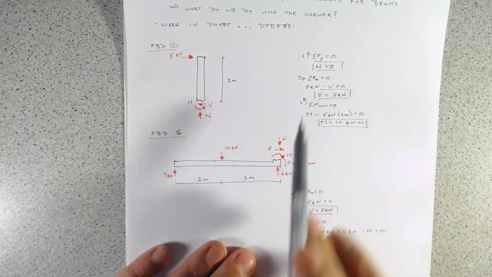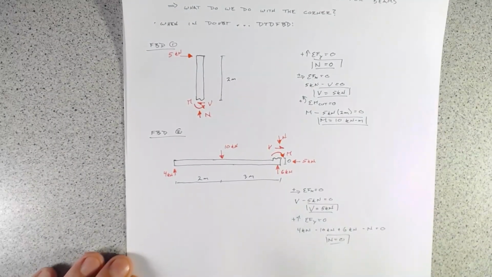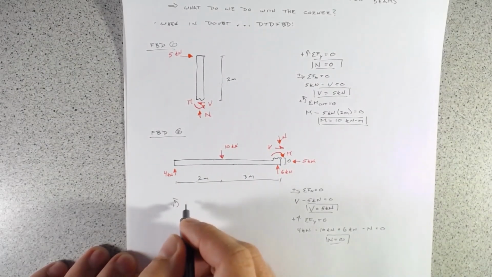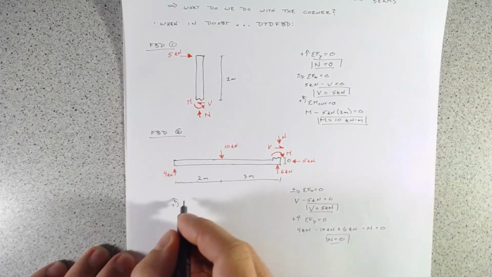Again, that is consistent with what we've seen up above here. I'm going to come over here and do the sum of the moments, and I'll sum the moments about the cut.